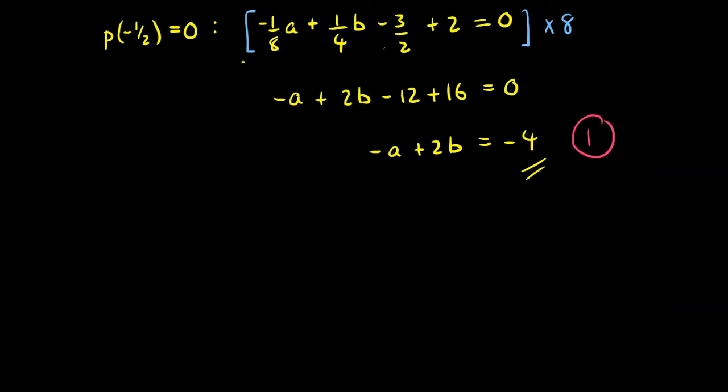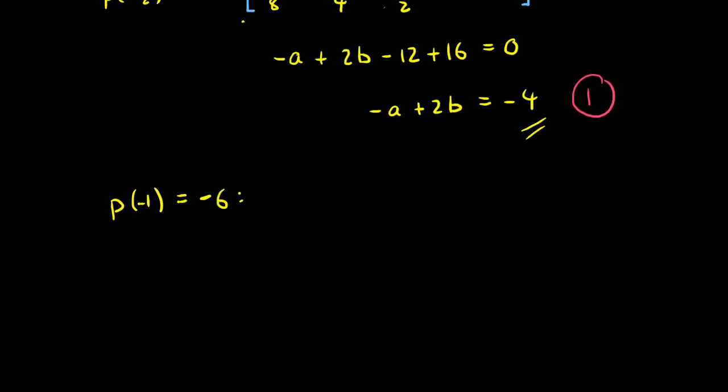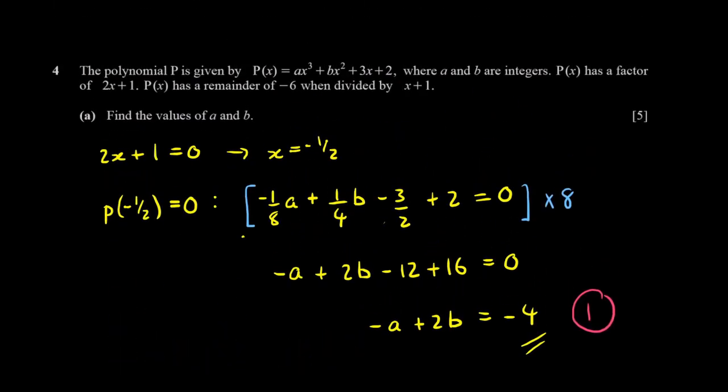So I'm going to do P of -1 is equal to -6. If I do all of that, I get a times -1 cubed, which is going to be -a, because negative times negative times negative is a negative. Sorry, not -a cubed, just -a, beg your pardon. Plus b times -1 squared, so that's +b.